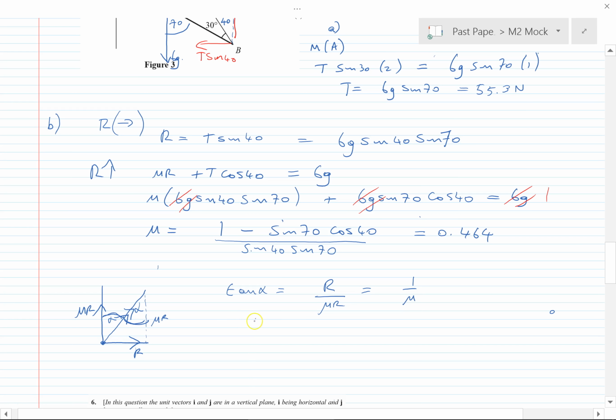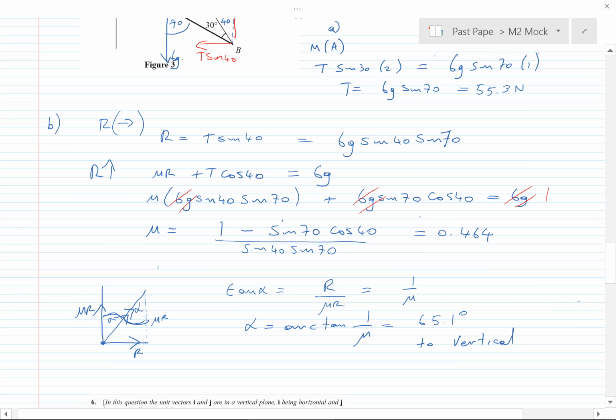So alpha is equal to arc tan of 1 over mu, and that comes to 65.1 degrees. And don't forget to say whether it's to the vertical or the horizontal, and this time it's to the vertical.